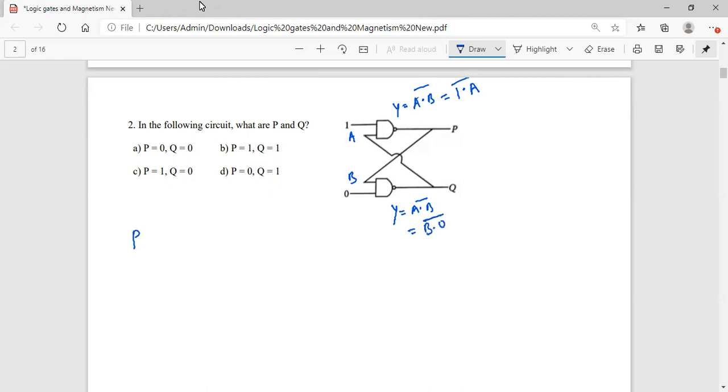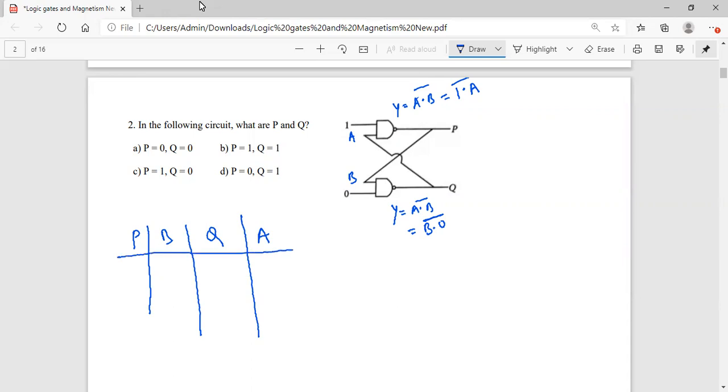Next, P is connected to B. Next, B and 0 are connected to a NAND gate, its output is Q. Then Q is connected to A. Then A and 1 are connected to P.